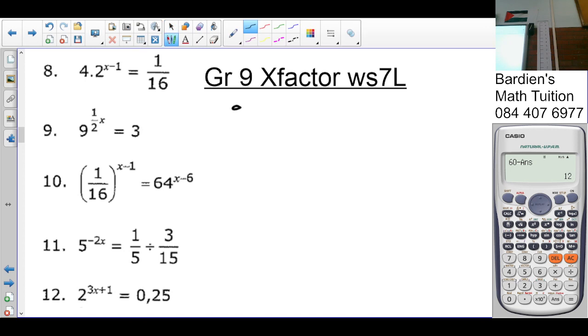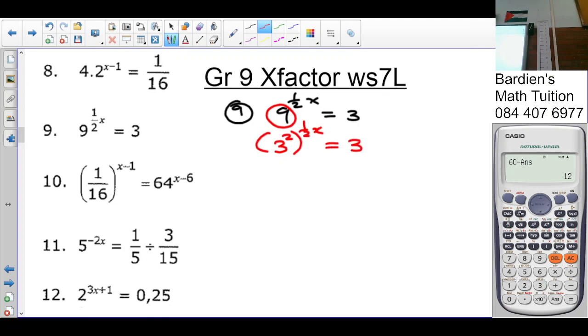Number 9, we've got 9 to the exponent of a half x equals 3. When bases are the same, exponents are equal. So we're going to make both bases 3. 9 can be written as what? 3 squared, raised to the exponent of a half x equals 3.